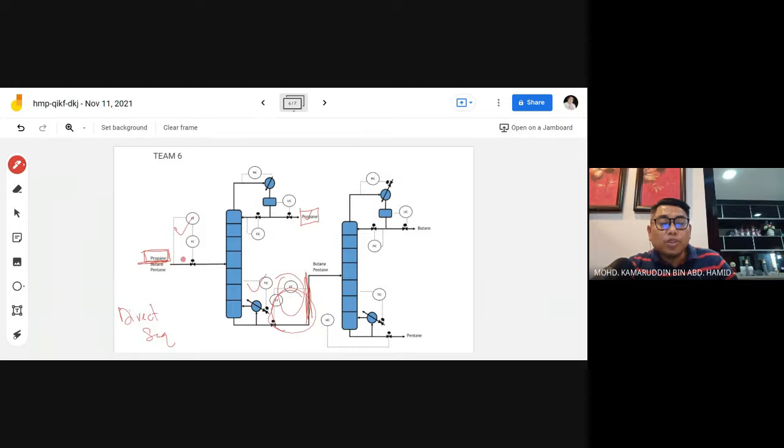So if a lot enters here, this one we wait first. You need to wait until this does its action. Then again, there will be more accumulation at the bottom of this column. Then sometimes this bottom will be flooded. Therefore it is advisable to just level control the bottom here, rather than flow control the bottom flow rate here.